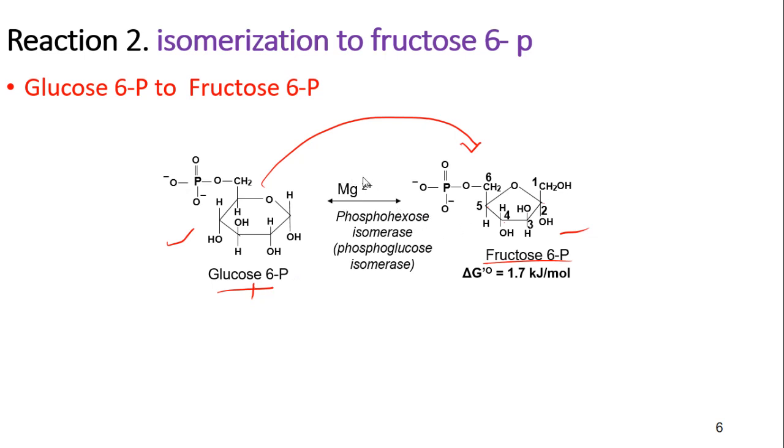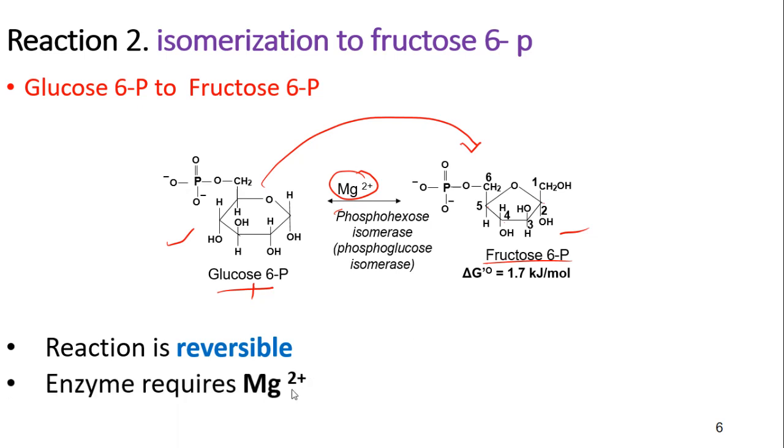And for this reaction, remember, it needs magnesium ion, and the enzyme which is involved is phosphohexose isomerase. So phosphohexose isomerase is the one which plays a role. Then, unlike reaction number 1, where it was irreversible, this time around we need to understand that this reaction is a reversible reaction, and this same reaction needs magnesium 2+.